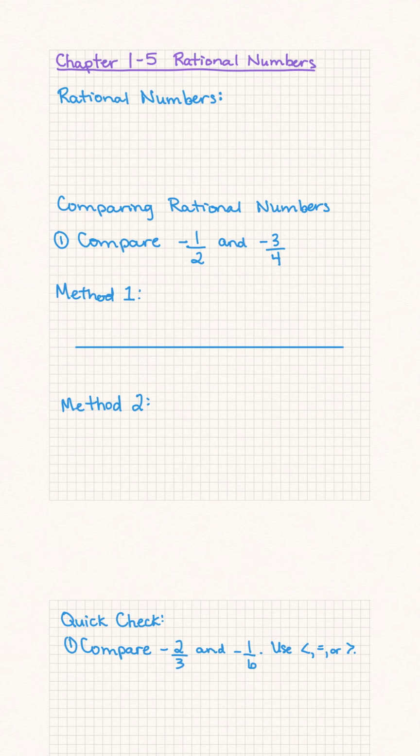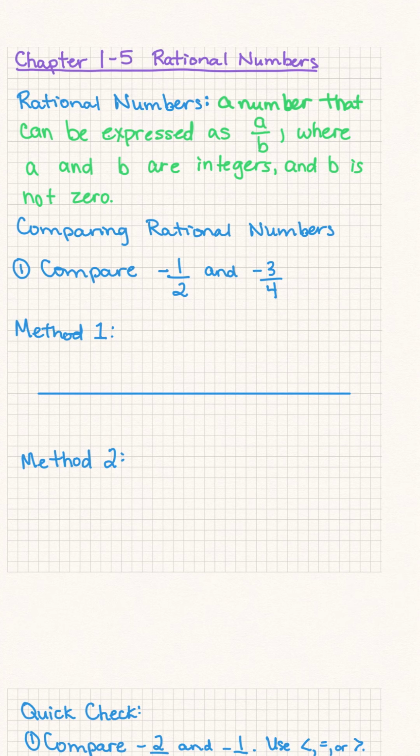A rational number is a number that can be expressed in the form of a over b, where a and b are integers, are numbers, right? Could be positive, could be negative. And b is not 0. So that means the denominator is not 0.